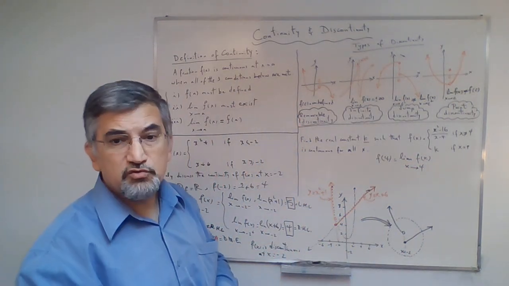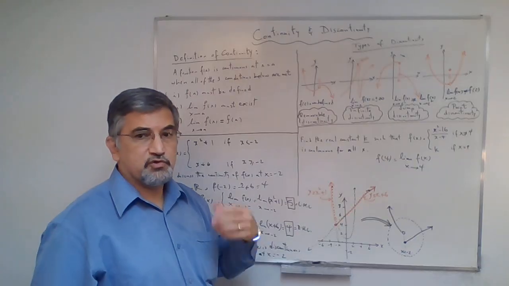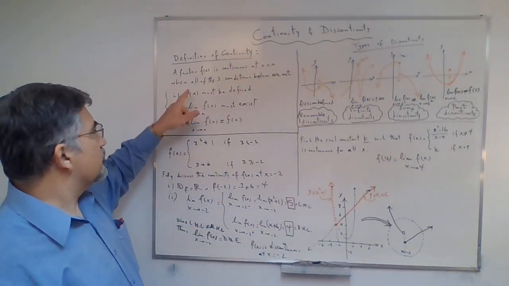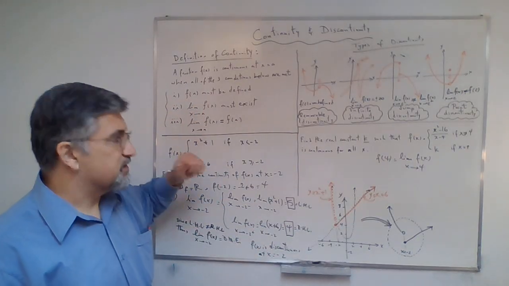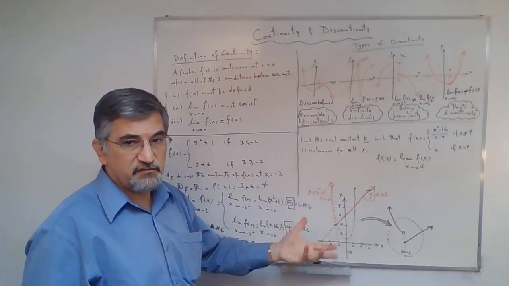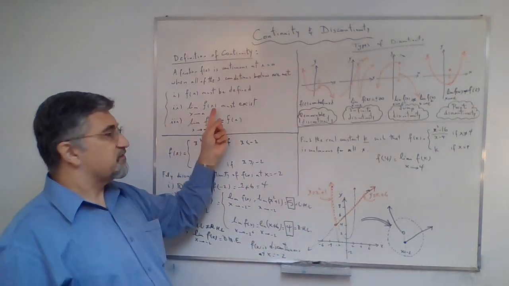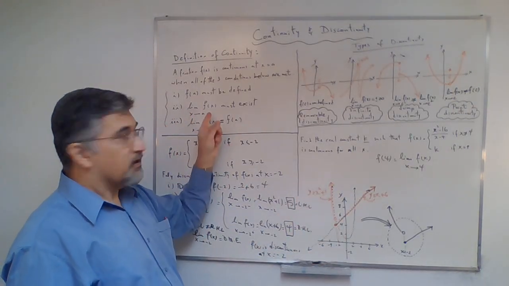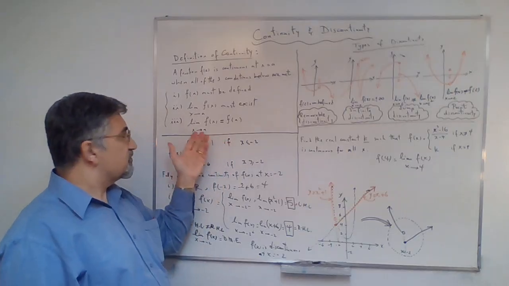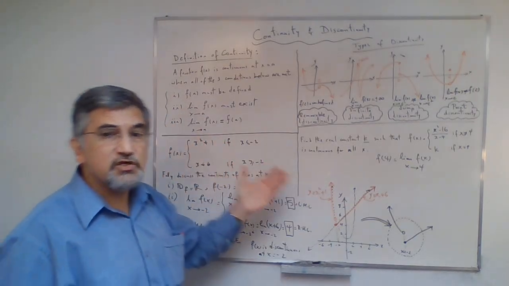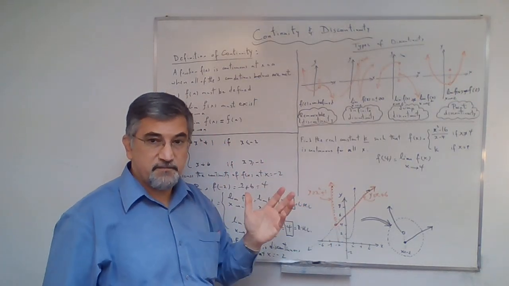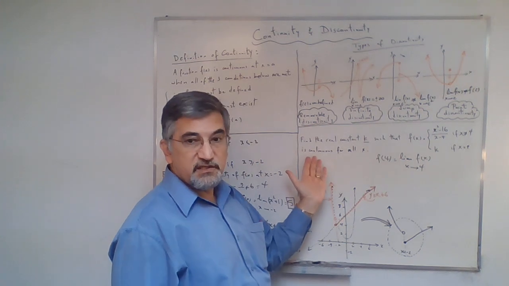Because the function is supposed to be continuous, I know that f at 4 must be defined, and that the limit of f of x when x approaches 4 does exist. Furthermore, I know that these two values are equal to one another. And I know all of these because it is given.